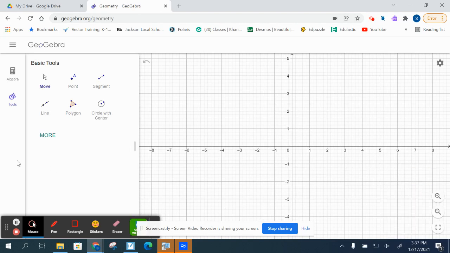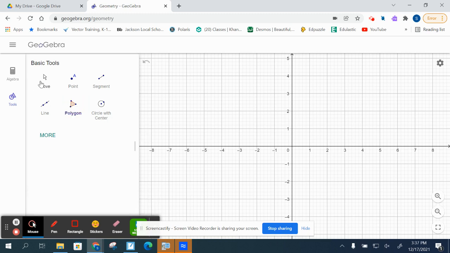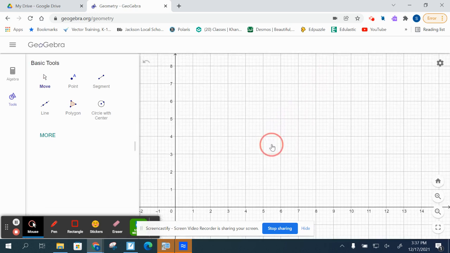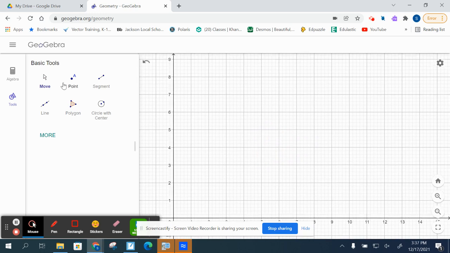Okay. So it says use the polygon tool to graph triangle ABC with vertices 0, 0, 12, 0, and 8, 9. So I'm going to move my graph over a little bit so that it encompasses those points that I need.